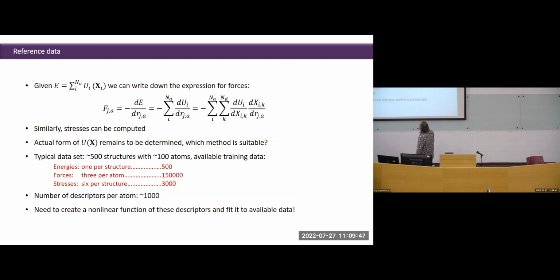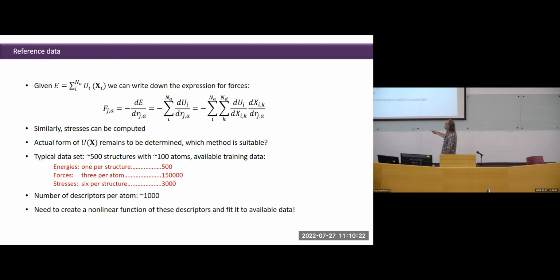Let's go to the amount of data that we'll be collecting. Typically, if we train with this on-the-fly training, we would end up with something like 500 structures, with let's say several hundred or 100 atoms per structure. So in terms of training data, we have 500 total energies.